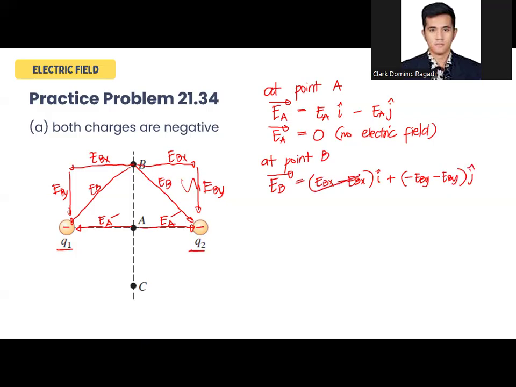Okay, so the x components add to 0, meaning our vector EB is equal to negative 2EBY j hat. Since we get a negative value with a j hat unit vector, the direction is what? Downward.